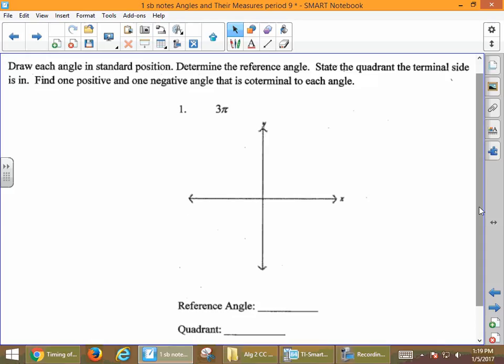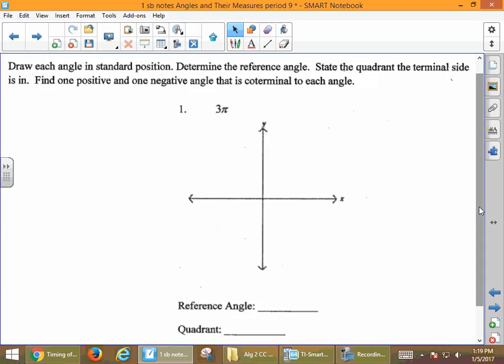So the first example here is 3 pi. Before I really get into it, I want to point out that we're going to be following the same steps that we did when we were dealing with degrees a little while ago. This is just now in terms of radians.